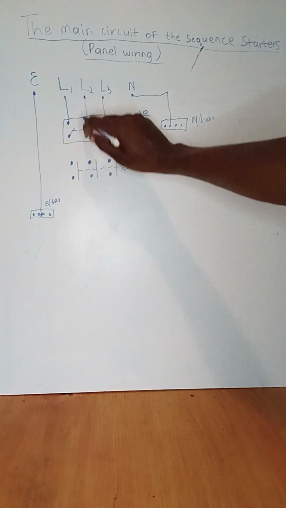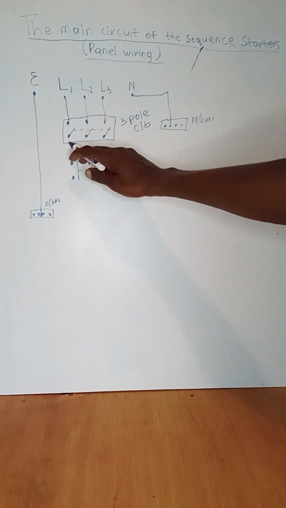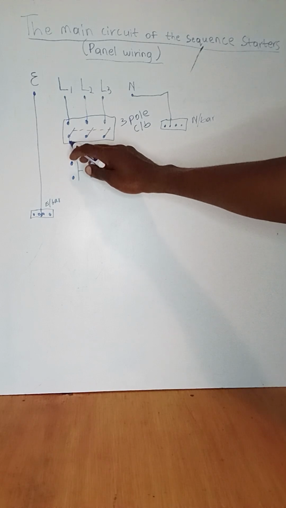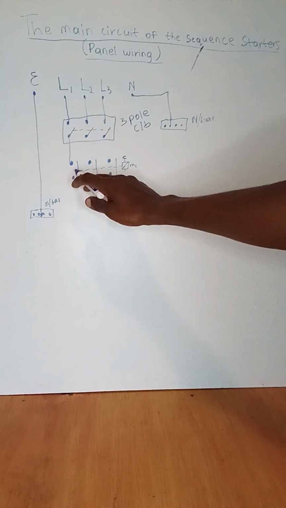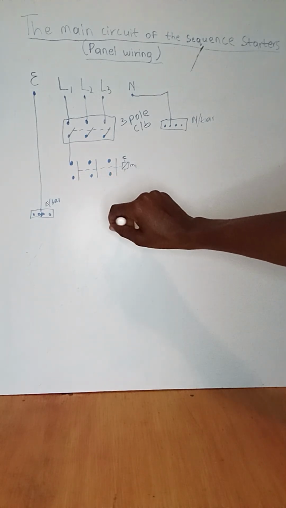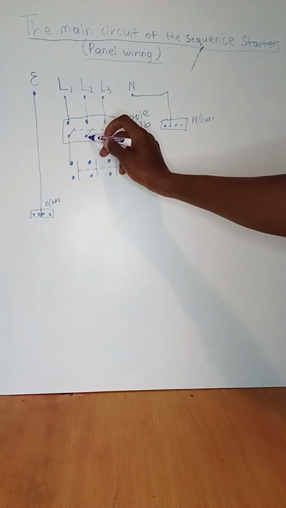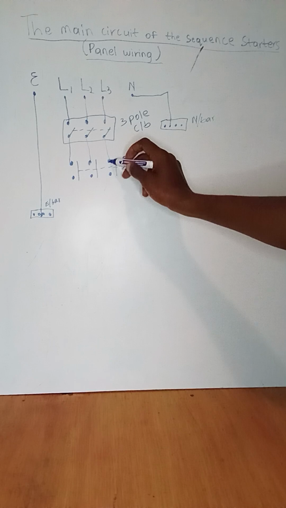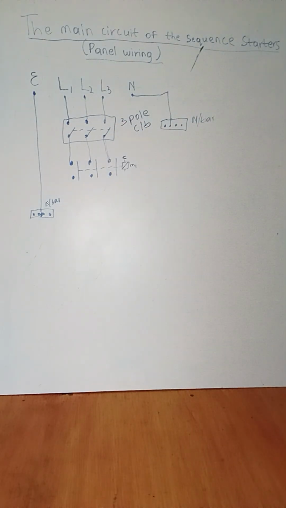Right, from there we'll take our live 1 from the output of the 3-pole circuit breaker to the input of the first point in the contactor of motor 1, and then live 2 to the second point, live 3 to the third point, just like that.